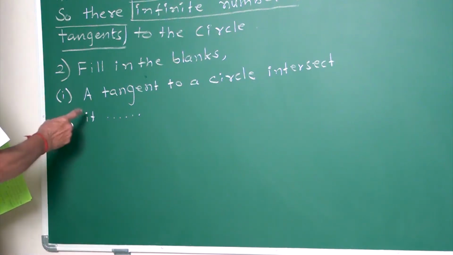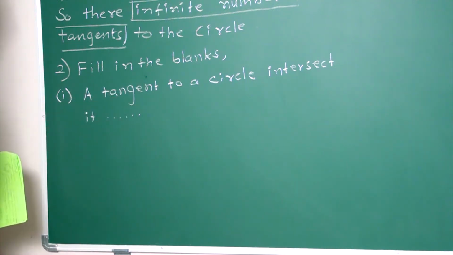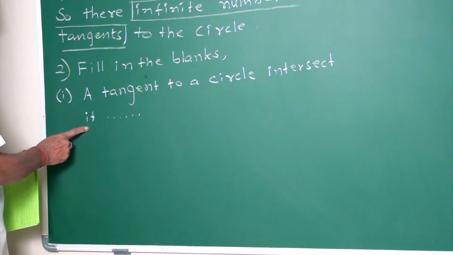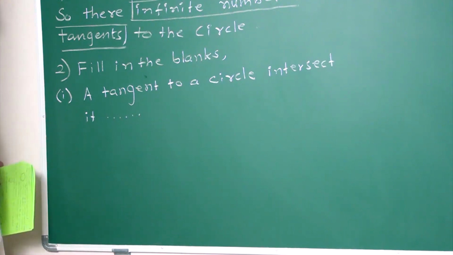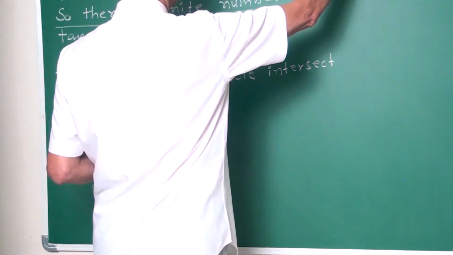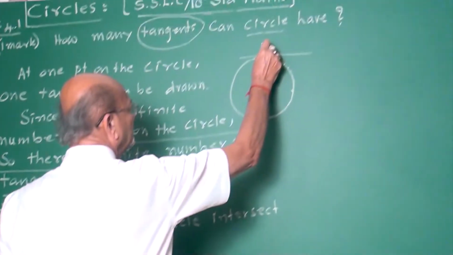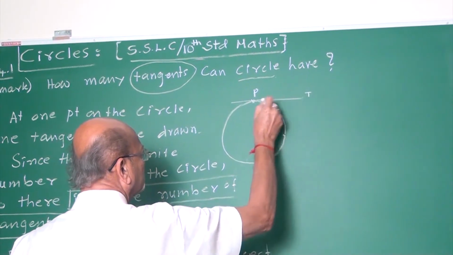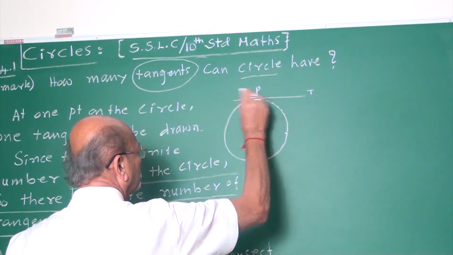A tangent to the circle intersects the circle at a number of points. My friends, this is the tangent. Then this tangent to the circle intersects the circle at one point.